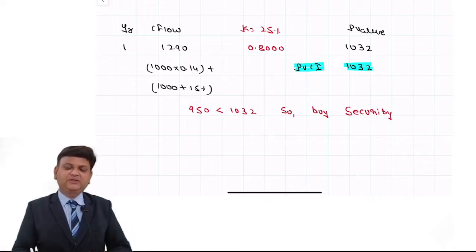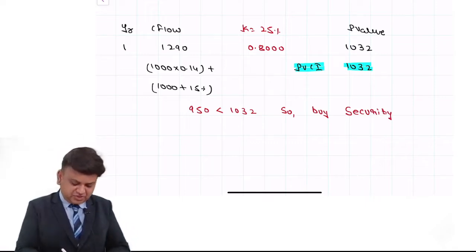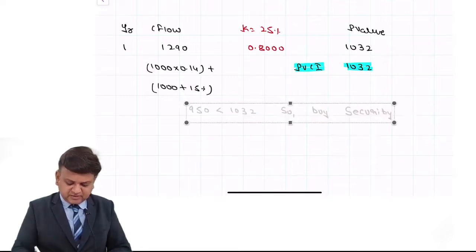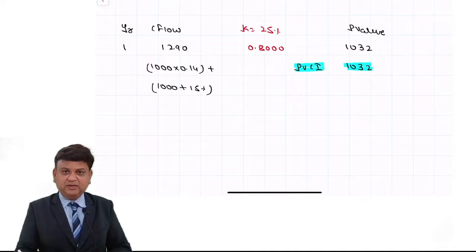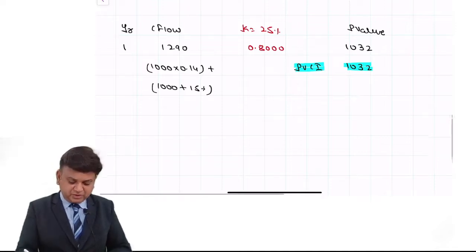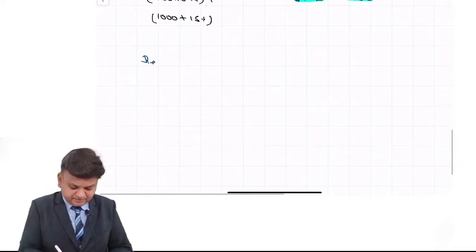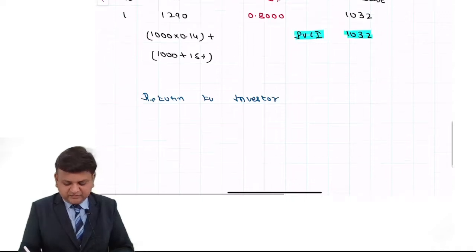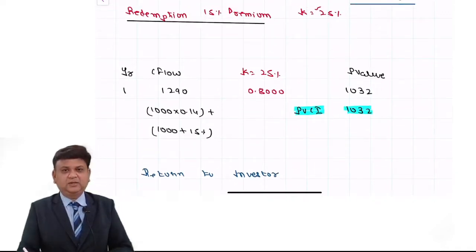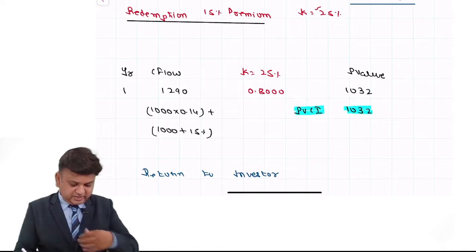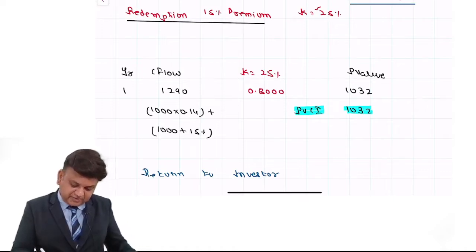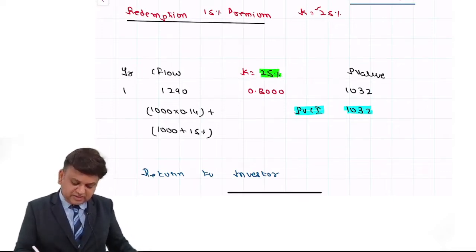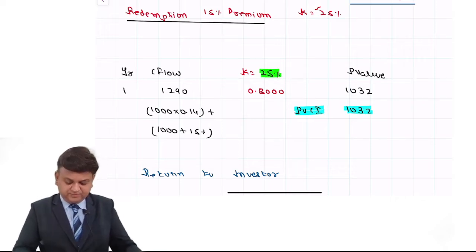The last method by which you can take a decision is to calculate the return that the security is able to generate. You can calculate the return to the investor if the investor buys the security, and whatever return you get will be compared with the cost of capital, 25%, to decide whether to buy the security or not.